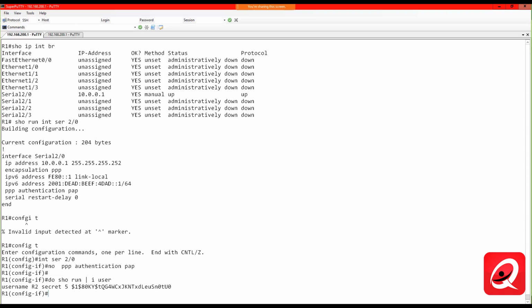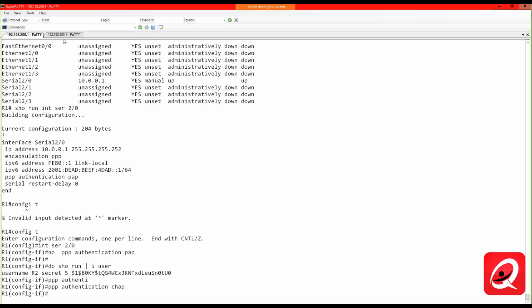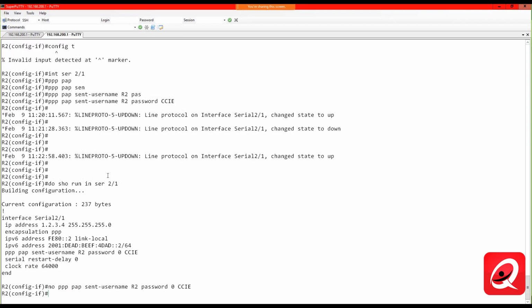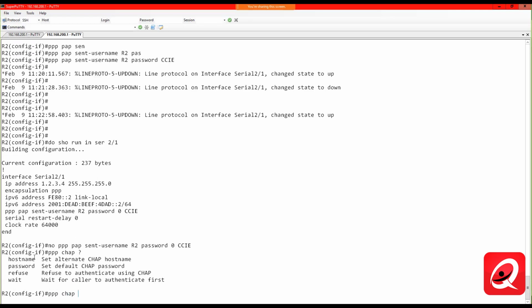All right, so we're going to do a CHAP authentication. And again, there's a couple ways we can configure this. I'll show you the first way, which of course is to do PPP authentication CHAP. And on this side, I can do PPP CHAP, and I can specify the host name and the password.